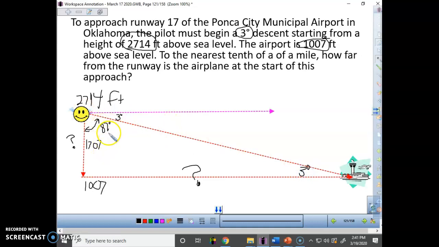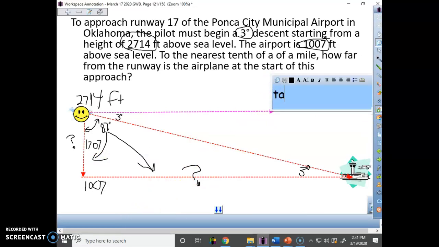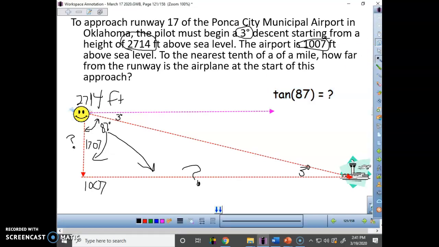All right, we've got our angle. We want to know opposite and we want to know adjacent. So that looks like a tan ratio. Let's say tangent of 87 degrees is equal to opposite over 1,707.